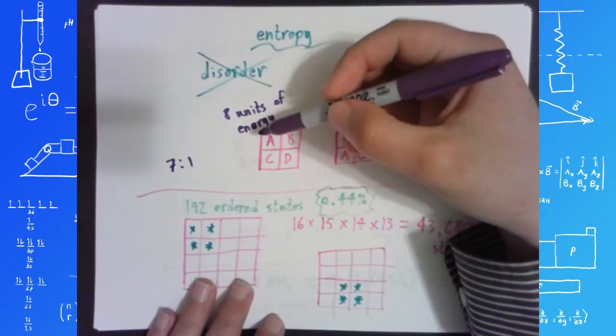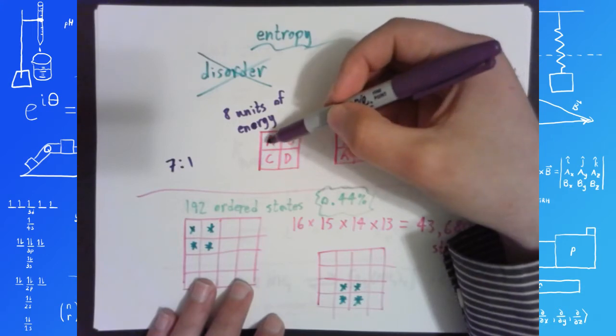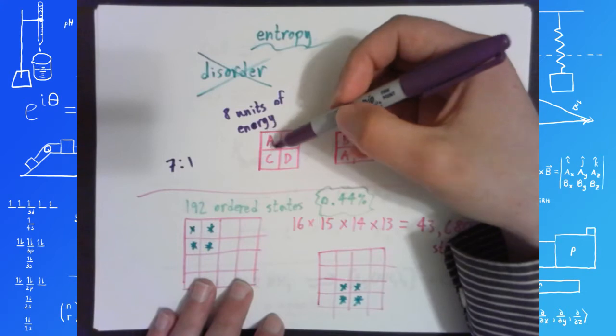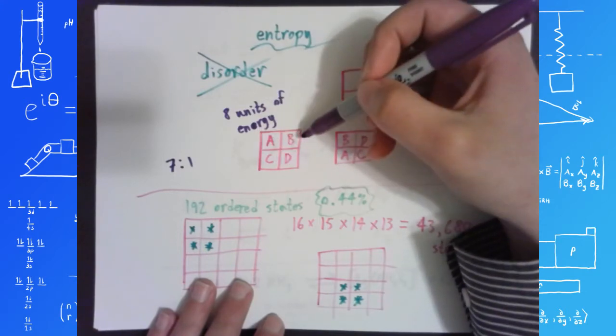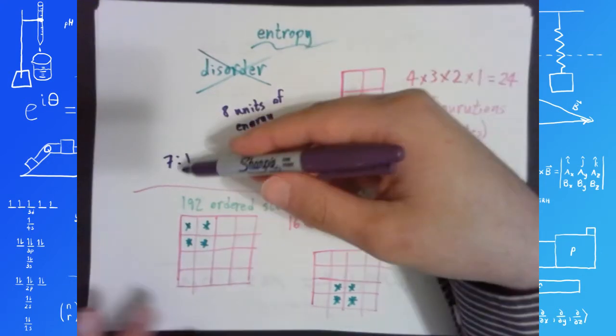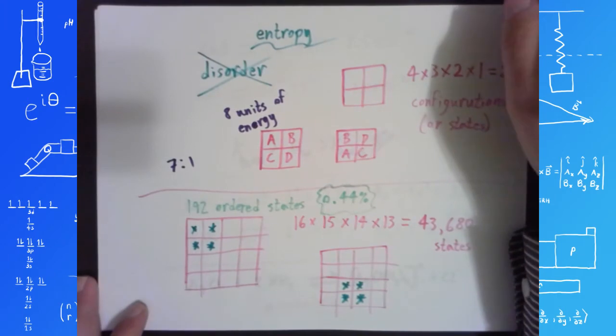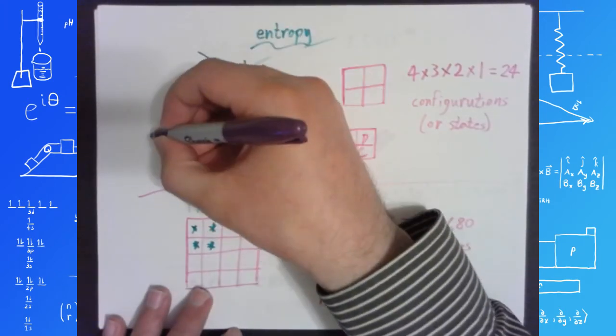So, for example, you could have 7 on A and 1 on B, 7 on A and 1 on C, 7 on A and 1 on D, and then repeat that again with the 7 being on B, C, or D. And you could keep going down this list and count how many possible arrangements there are for the different distributions of energy.